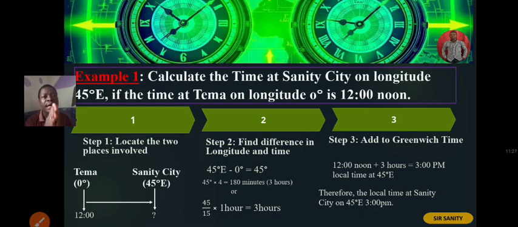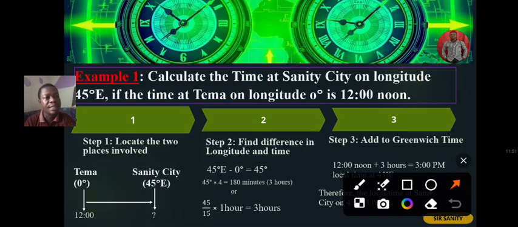So for the Greenwich meridian and any location to the east or west, you just add or subtract 0 from the longitude given. Now, 45 degrees minus 0 gives you 45 degrees. So you multiply it by 4, because 45 by 4 will give you 180 minutes.